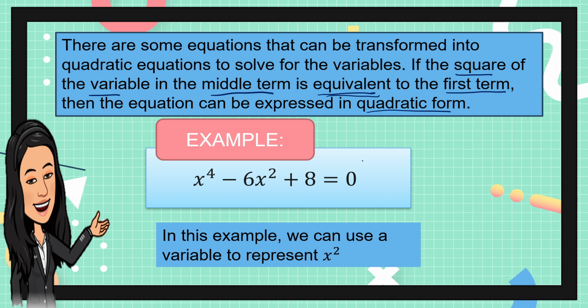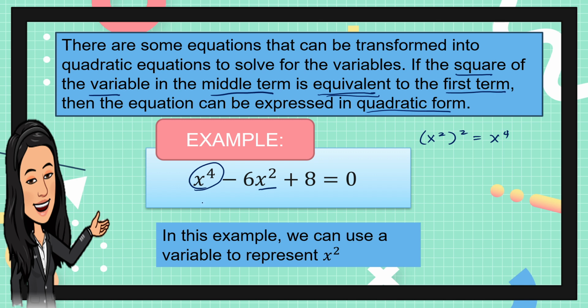Again, we need to check if the square of the variable in the middle term is equivalent to the first term. The variable in the middle term is x squared, and if we get the square of it, it will give us x raised to 4, which is the same as the first term in this equation.